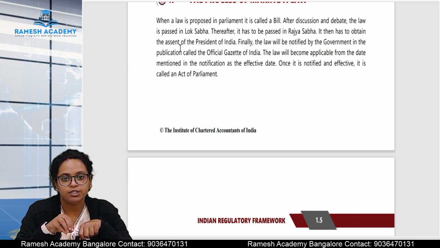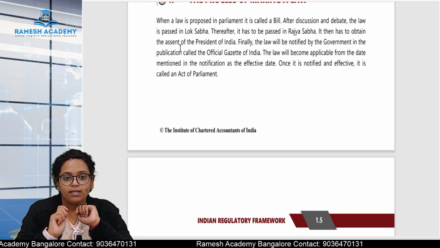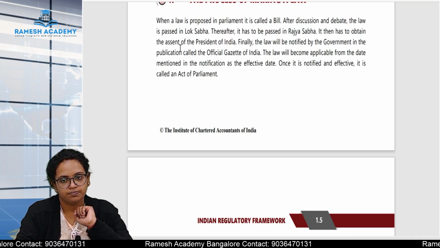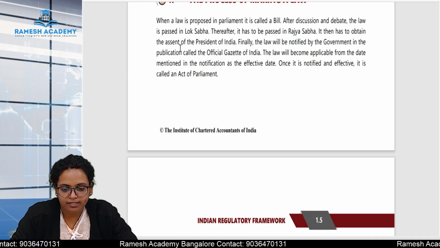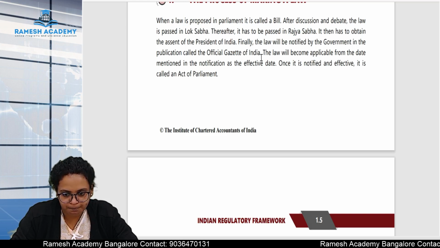Assent is nothing but taking the opinion and the approval of the President of India. Once the President of India signs it, then it becomes the law. Understood? Finally, the law will be notified by the government in the publication called the Official Gazette of India.